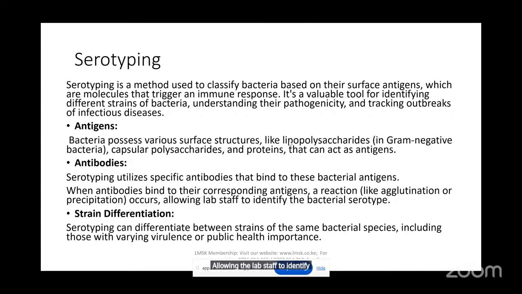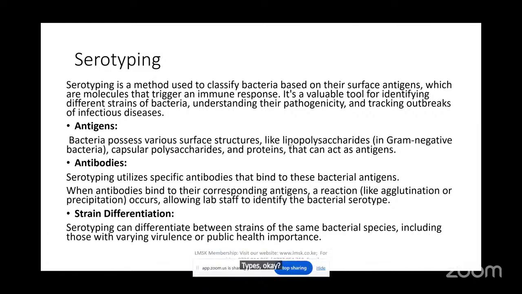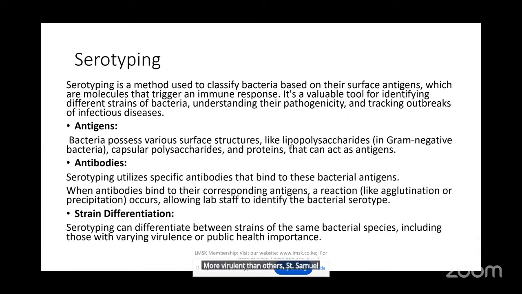Then, it is very important, especially in our clinical microbiology settings, in the differentiation of strain types. Serotyping can differentiate between strains of the same bacterial species, including those with varying virulence or public health importance. I've just mentioned E. coli O157. There are many strains of E. coli, some that are pathogenic and some that are non-pathogenic, some are more virulent than others, and some you'll consider of public health importance.